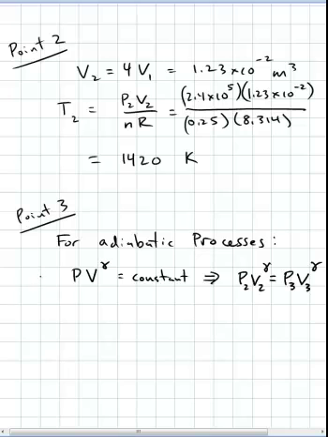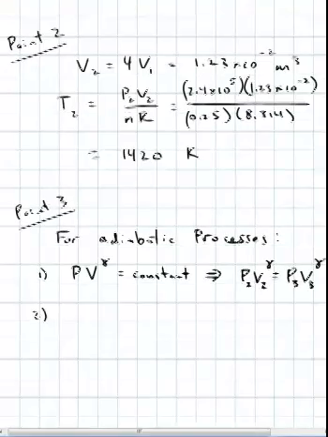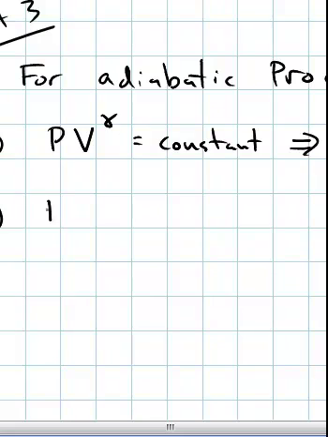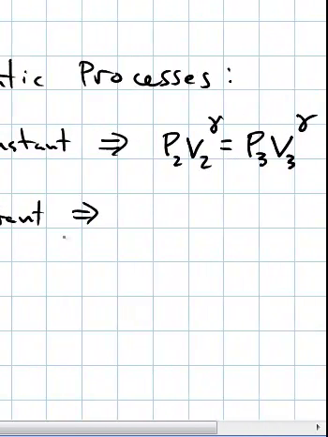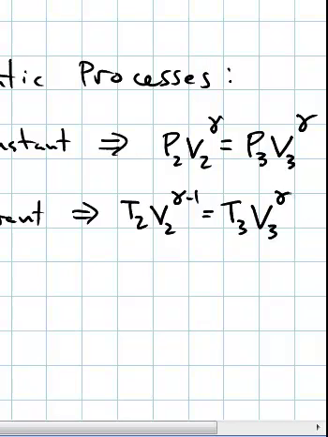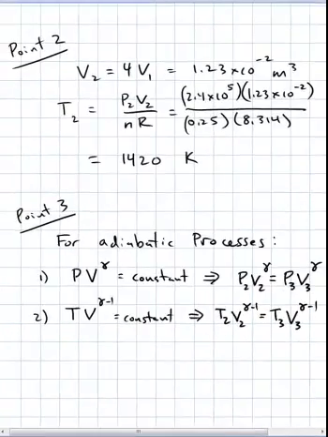That's the first thing we know. The second thing that we know is that T V to the gamma minus 1 is a constant. And that tells us that T2 V2 to the gamma minus 1 equals T3 V3 to the gamma minus 1.